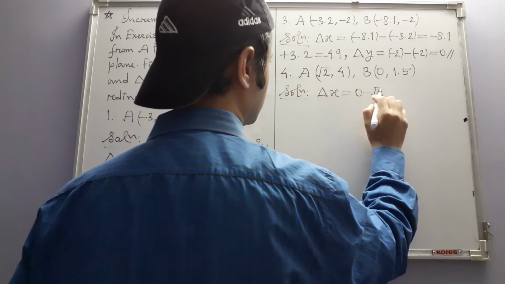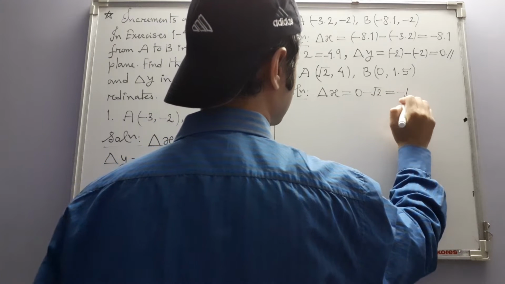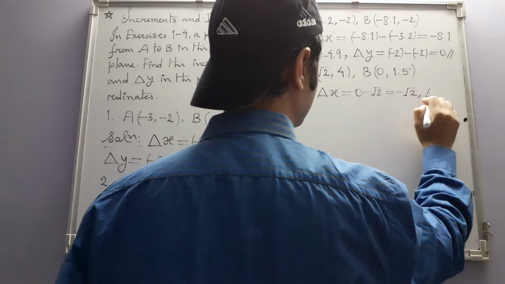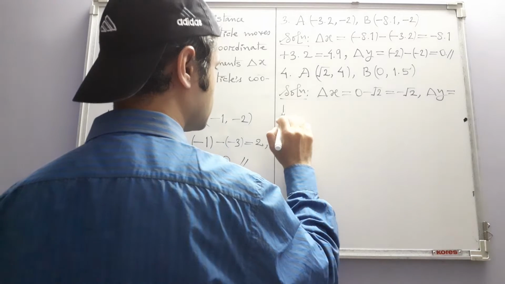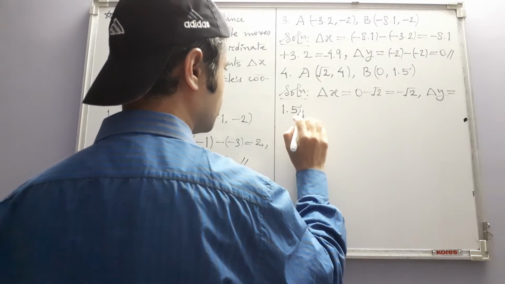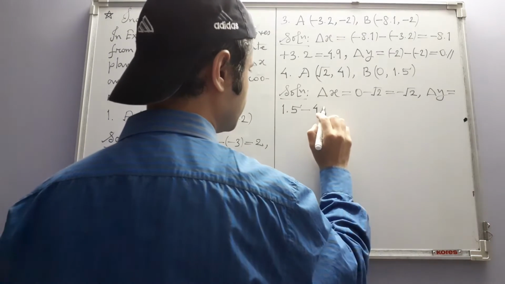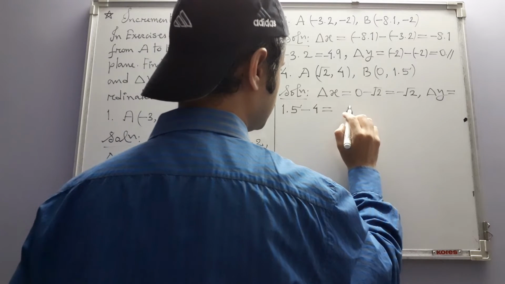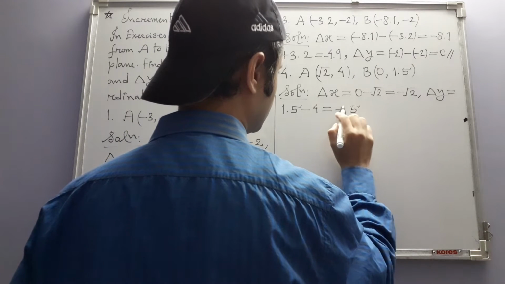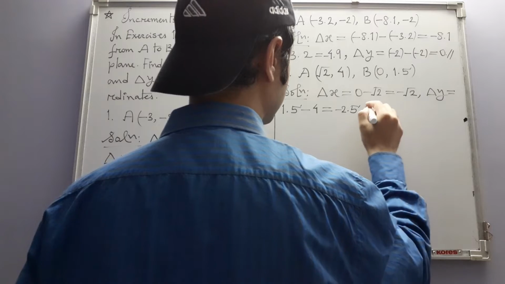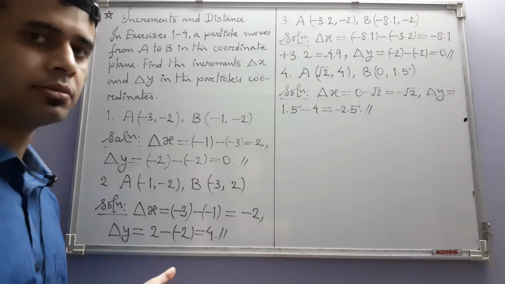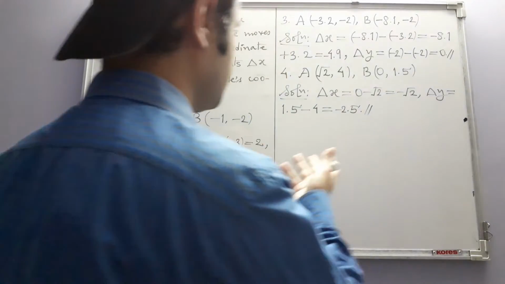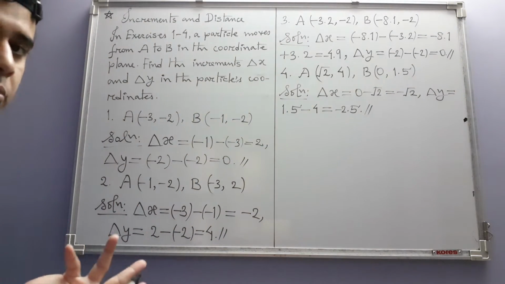Delta x is zero minus square root of 2, so this is -√2, and delta y is 1.5 minus 4, which is -2.5. Please check the numerical values, okay, because it's natural that I may make a mistake.